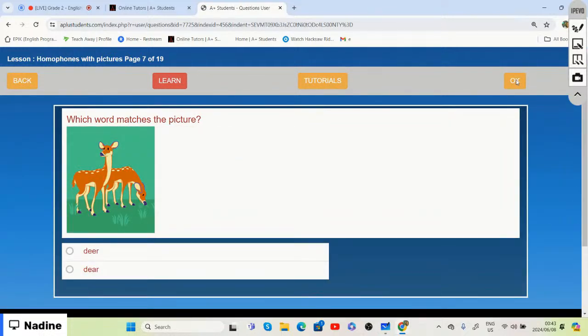All right, which word matches the picture? We have deer. All right, so deer.